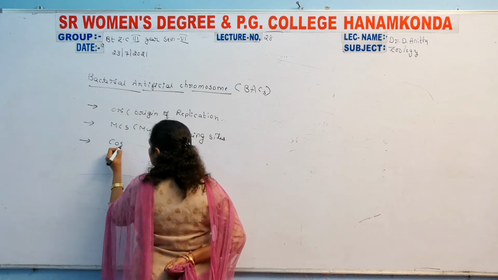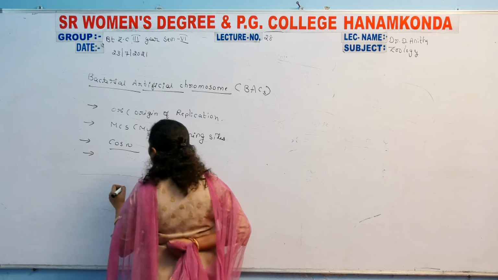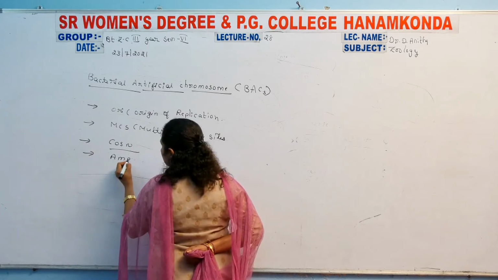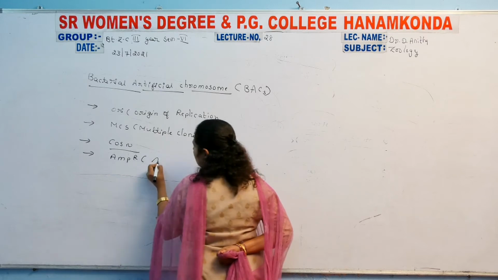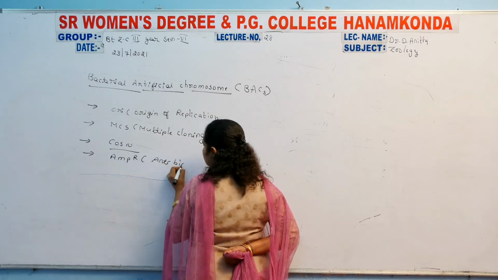It also contains the cos region, and the selectable marker, which is antibiotic resistance.